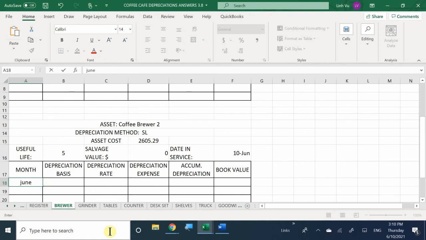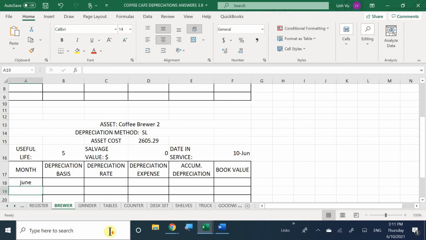Well, in this case, we're recording depreciation on June 30th, yes, but when did I start depreciating? Am I going to depreciate as of the month of June, or am I going to start in the month of July? June, because we fall within the first 15 days of the month. So in this case, I used it for a majority of the month.